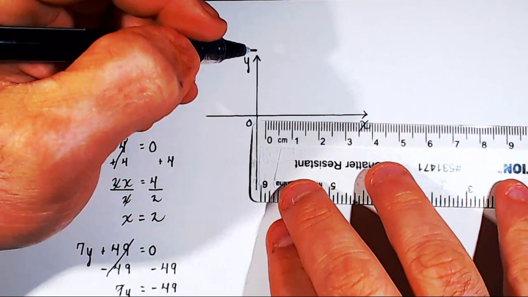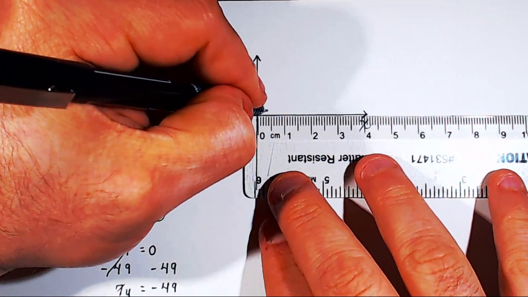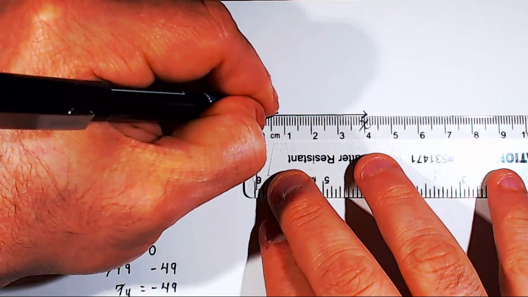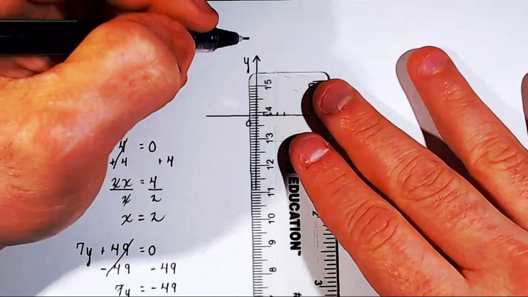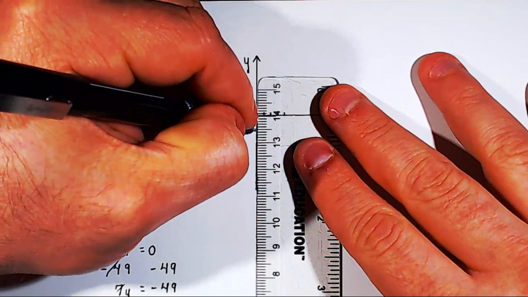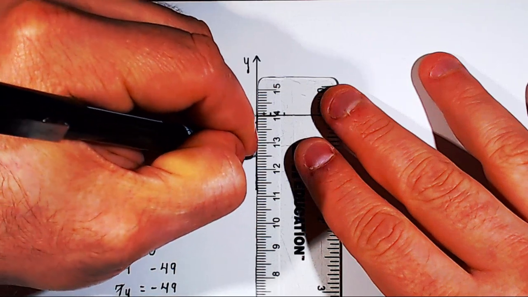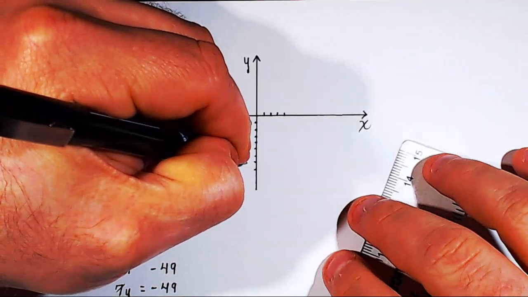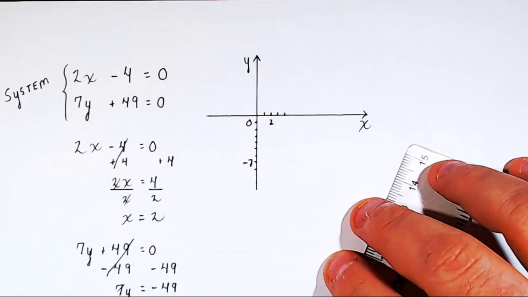Well, let's make some marks. We'll call this 1, 2, 3, 4. Okay, and then on the other axis, this is -1, -2, -3, -4, -5, -6, -7. So that's going to be -7 right there, and this will be 2 right here.